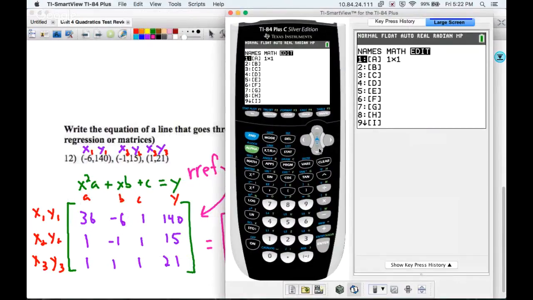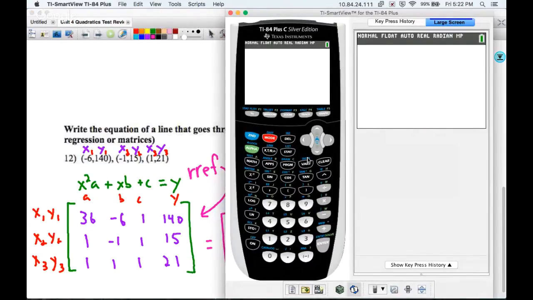Okay. All right, let's start with a blank screen. First thing I'm going to do, I'm going to hit second matrix. Then I'm going to scroll 2 to the right to edit. Hit enter. And now this matrix is 3 rows by 4 columns.